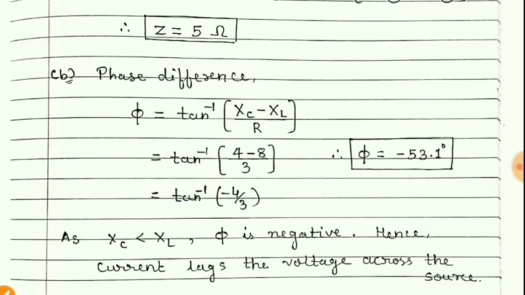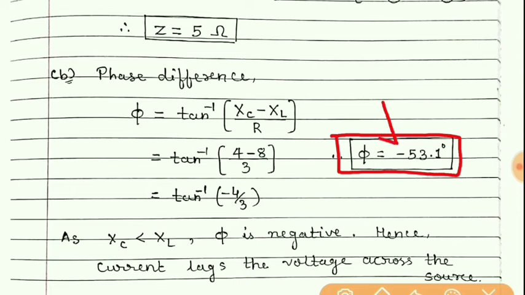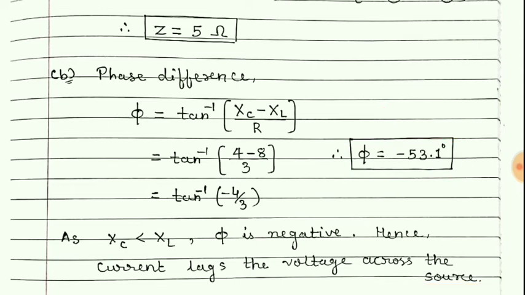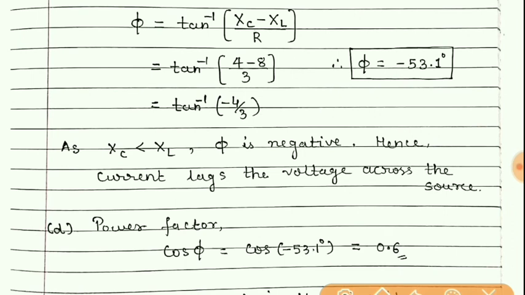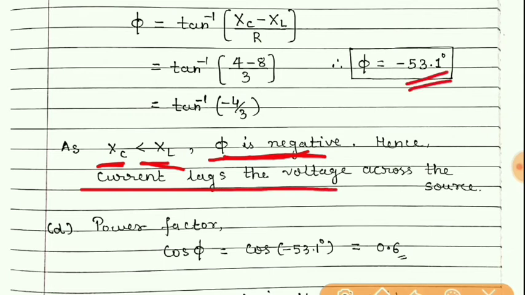So we get the value of phase difference is equal to minus 53.1 degree. Students, see this, this value is negative. It is because here Xc is less than XL. That is the reason the value of φ is negative. And if the value of φ is negative, that means current lags behind the voltage by this much phase difference.